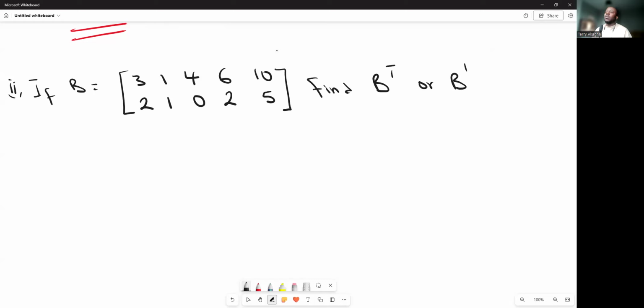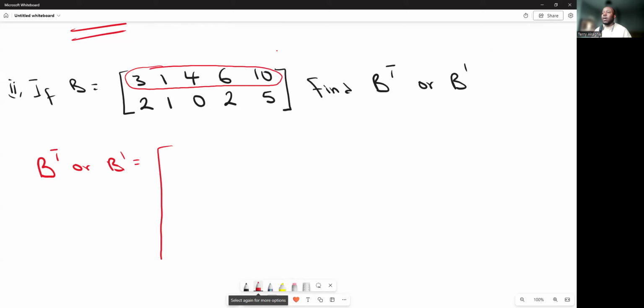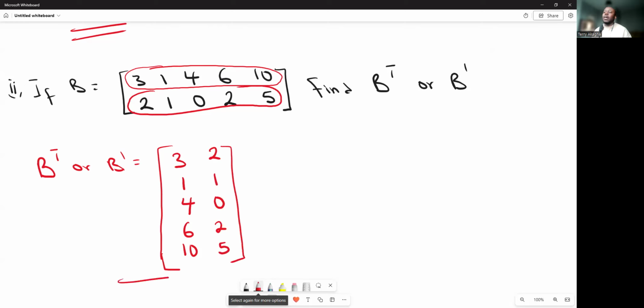So this row is going to become the column. We're going to have 3, 1, 4, 6, and 10. And then this is now going to be the column, so we're going to have 2, 1, 0, 2, 5. And that's how you solve that.